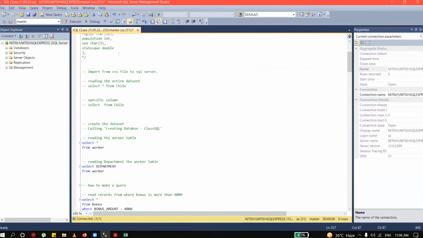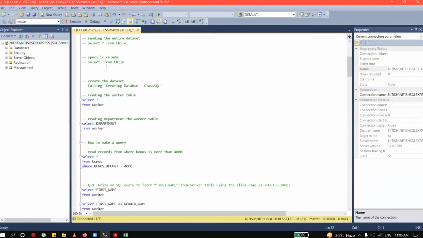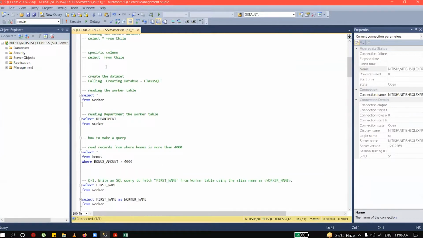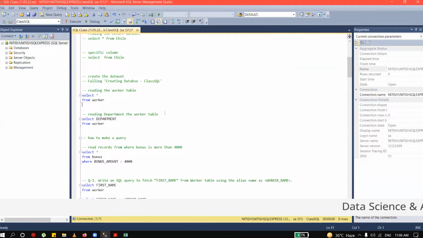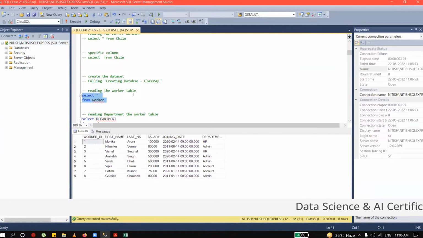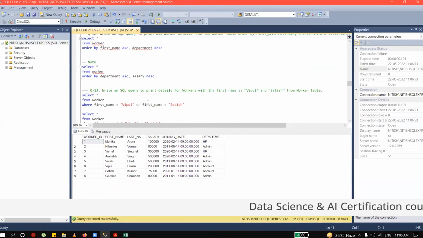We will again first use this database. The database name is class SQL. You can actually select it from here also, class SQL over here. Just checking if this is going to work or not. Yeah, it has been created. Oh, sorry, it has been called.